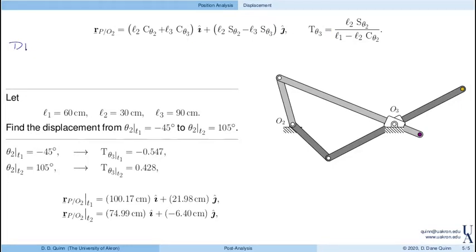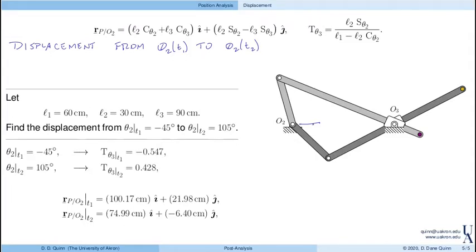We're interested in the displacement. Displacement is the change in position, right? So let's say we have an angle theta 2, right? So again, this is going to be theta 2. So this is theta 2 at time t1 to theta 2 at time t2, right?